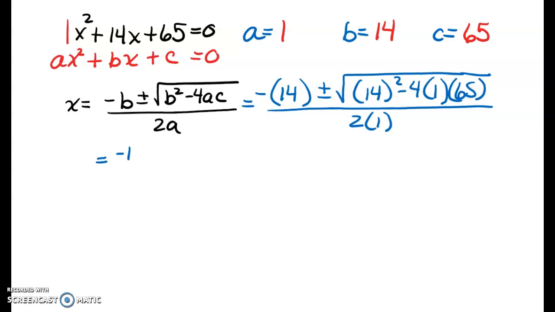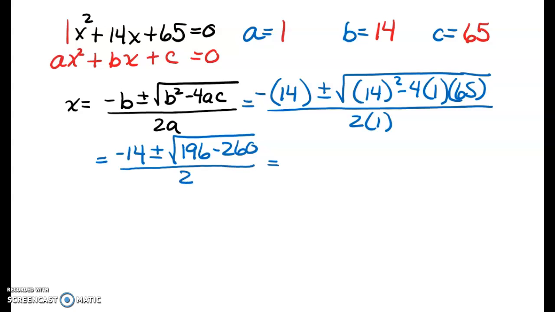So now we have a negative 14 plus or minus the square root of 14 squared is 196, and then 4 times 65 is 260. So it looks like we're going to have a negative under our radical, which means we are going to have a complex solution because we'll have a real part and an imaginary part.